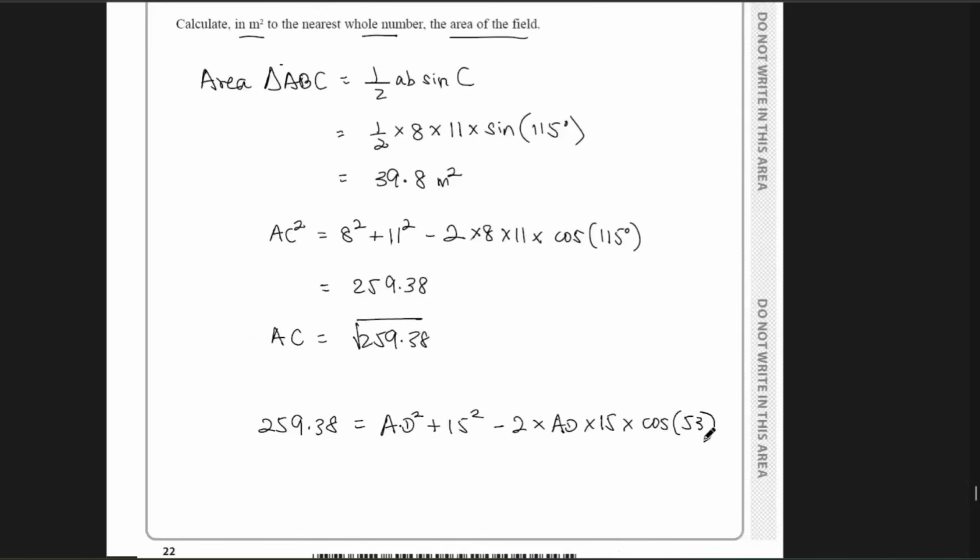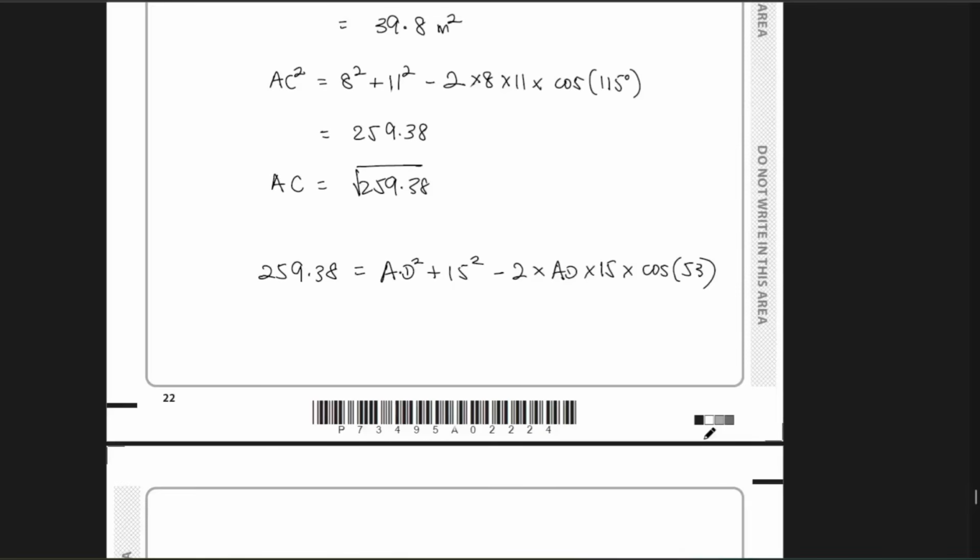Cos 53. So we'll have to find AD from here. So 259.38 equals AD squared. 15 squared is equal to 225. And then we need to multiply 2 times 15 and cos 53, 18.05. So minus 18.05 AD. So let's move all the terms on one side.